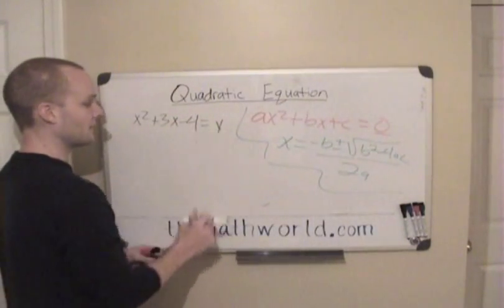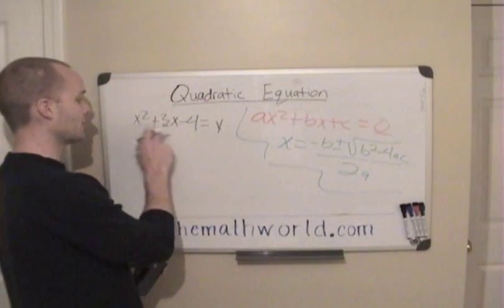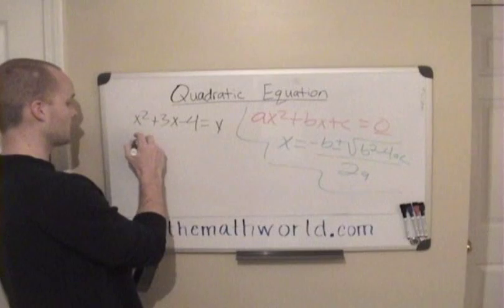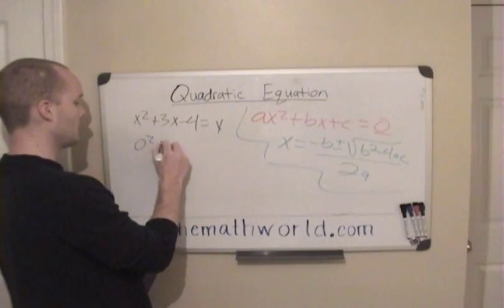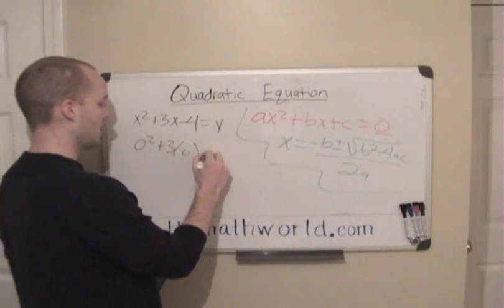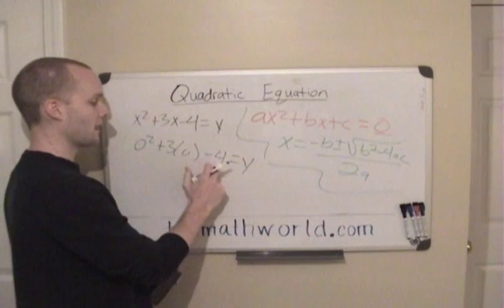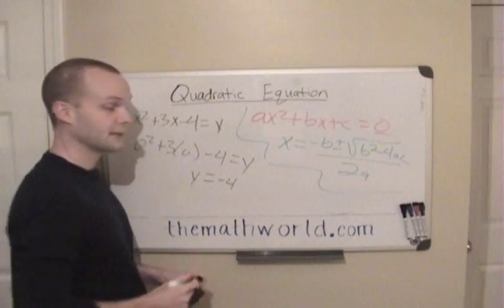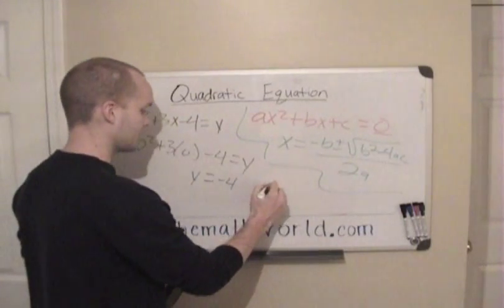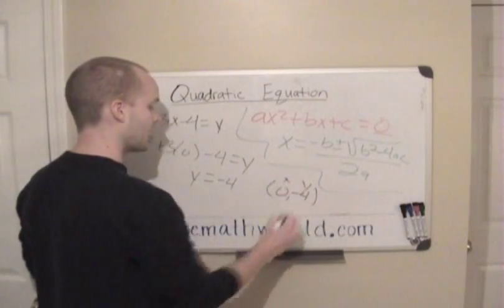All you have to do is plug in 0 for the x's. So we have 0 squared plus 3 times 0 minus 4 equals y. And that's 0 plus 0 minus 4. So y equals -4. So it crosses the y-axis at (0, -4), x and y.